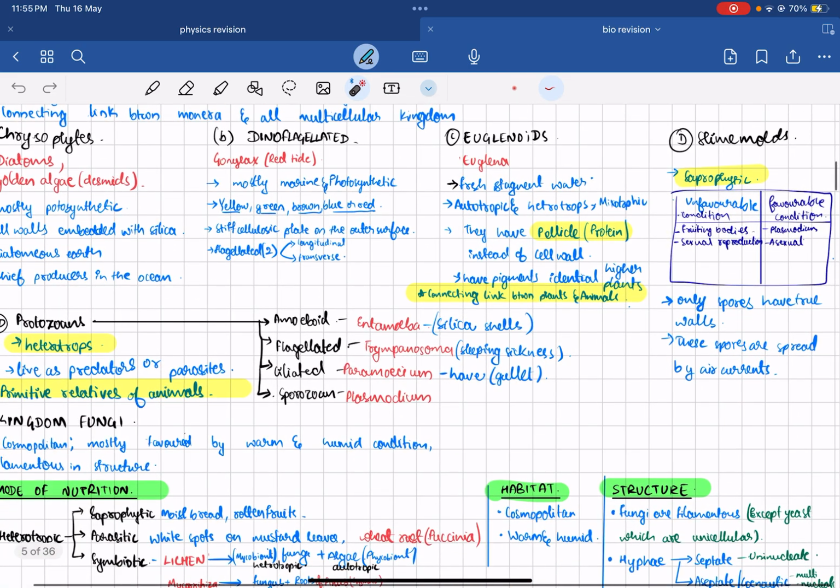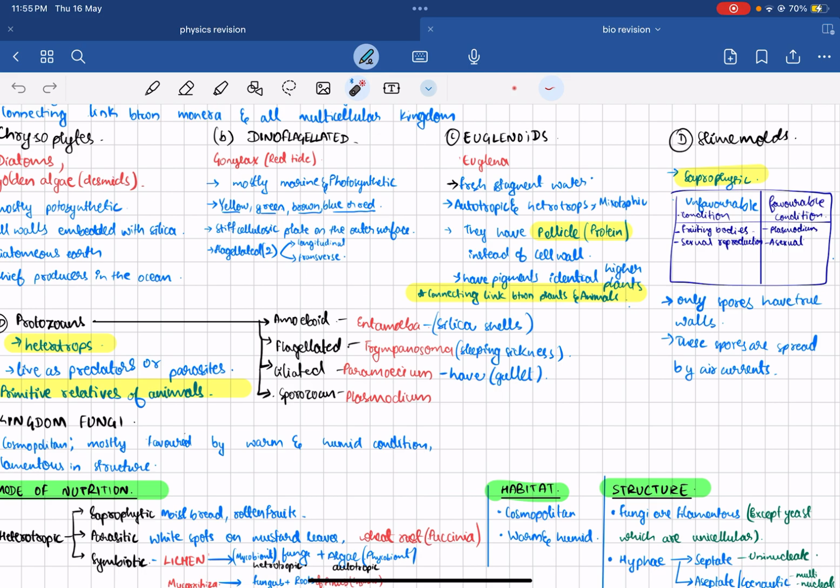Next comes slime mold. It's where the tricky part is a bit. We should remember in unfavorable condition it will undergo sexual reproduction and form fruiting bodies. In favorable condition that is asexual, but mostly in other organisms it is reverse.